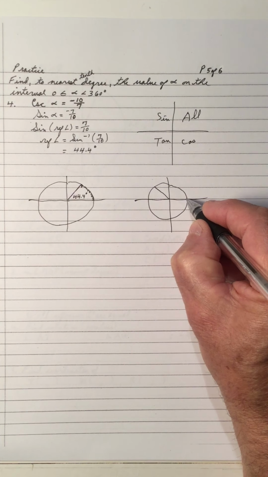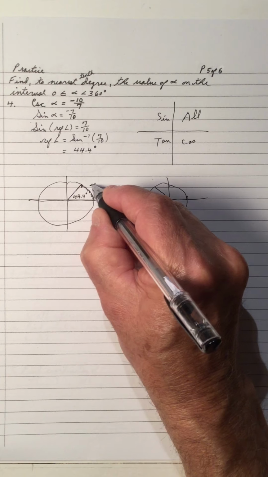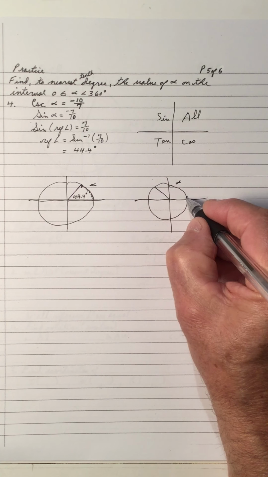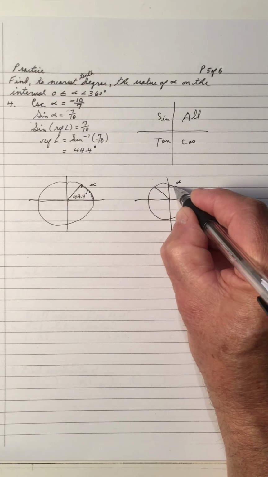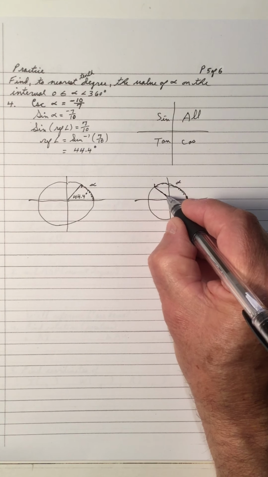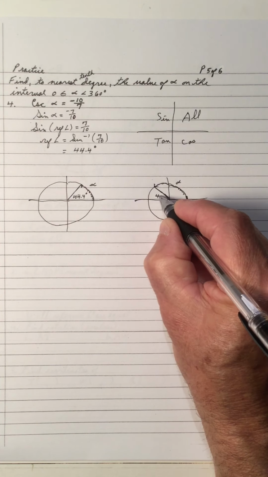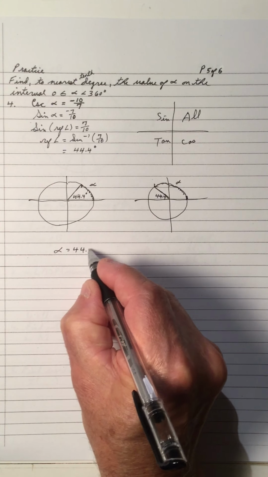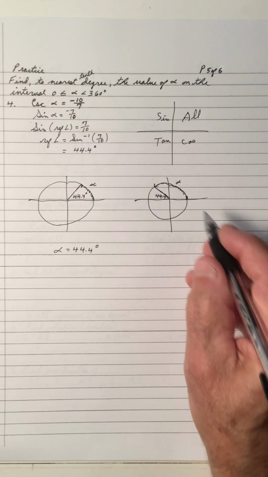And alpha here starts and rotates right over to here. And the reference angle is between the terminal arm and the x-axis, 44.4. In the first quadrant, alpha is the reference angle, 44.4 degrees.